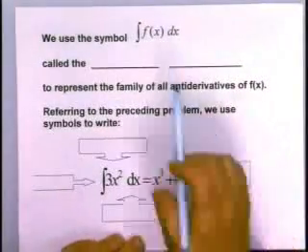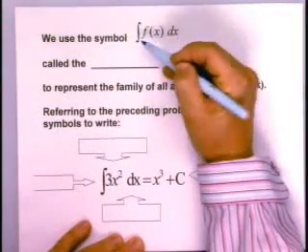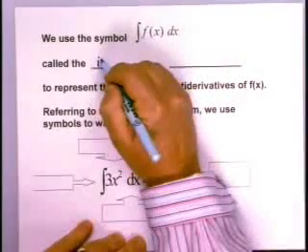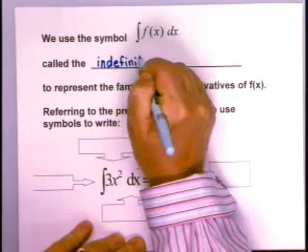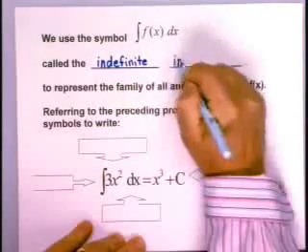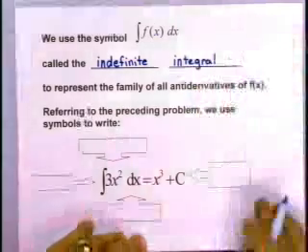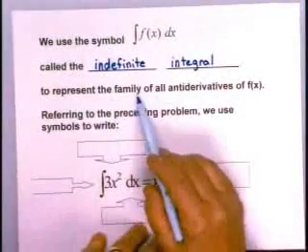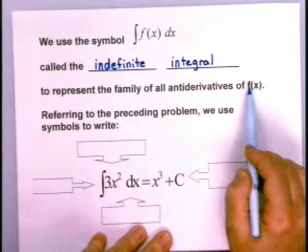We use this symbol, this elongated or stretched out S, to represent the indefinite integral. And this expression represents the family of all antiderivatives of the function f of x.